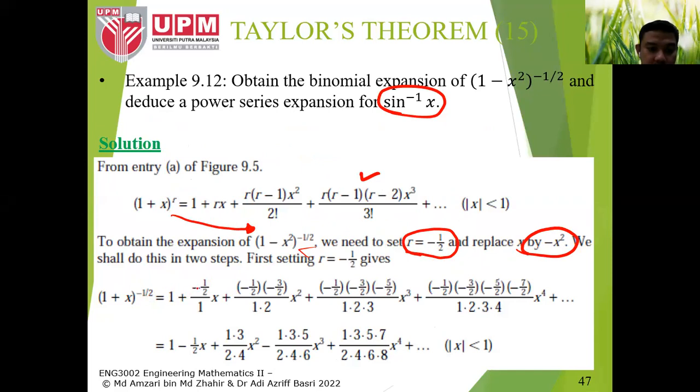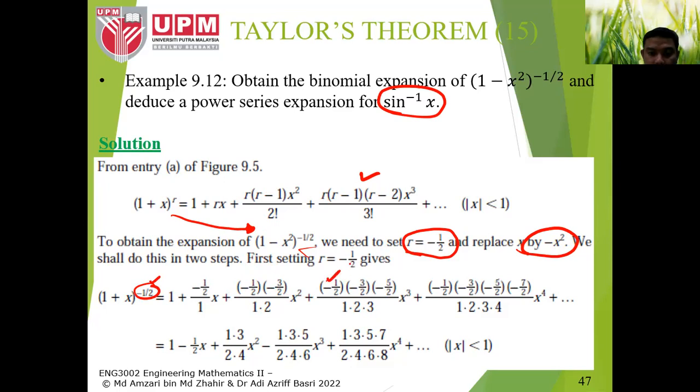What is r? r is negative 1/2, divided by 1, times x. We put the main function first, which is we solve for r first. Plus r(r minus 1): r is negative 1/2, r minus 1 becomes negative 3/2, divided by 1 times 2, 2 factorial, x squared.